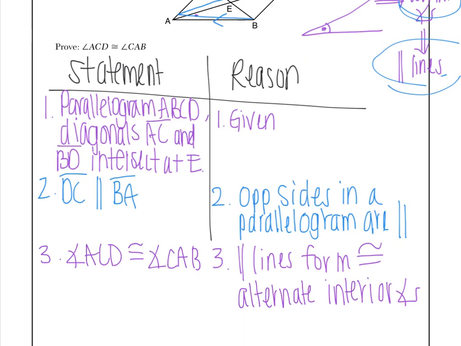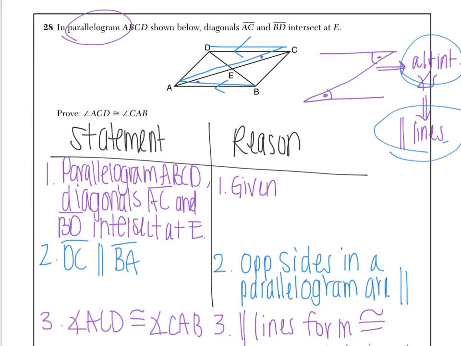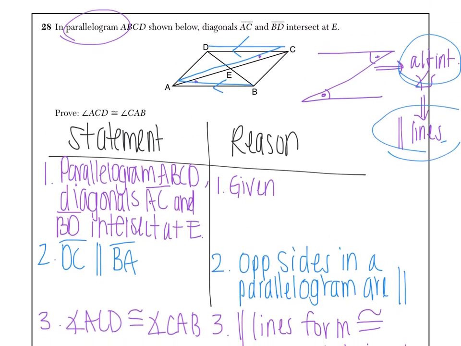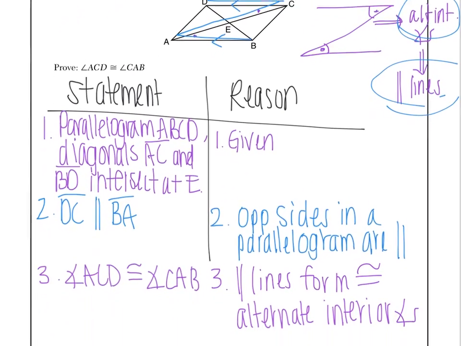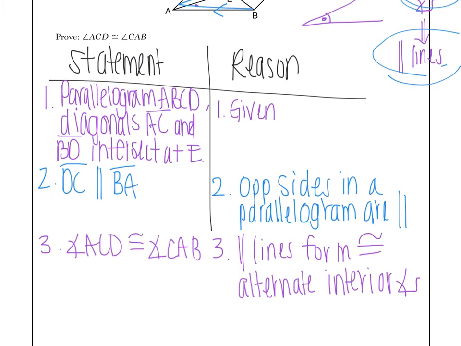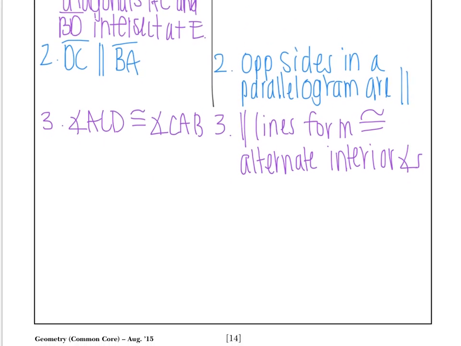So again, all we did there was use the properties of a parallelogram in order to get parallel lines. And then because we had parallel lines, we used those lines to get congruent alternate interior angles. And that looks like it's it.